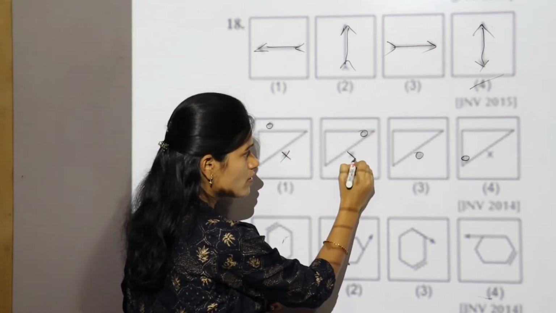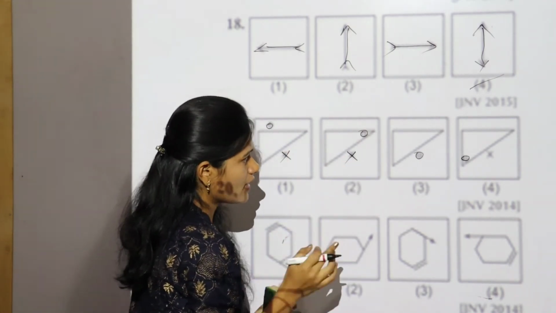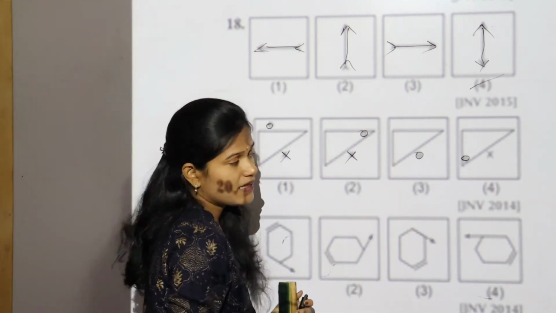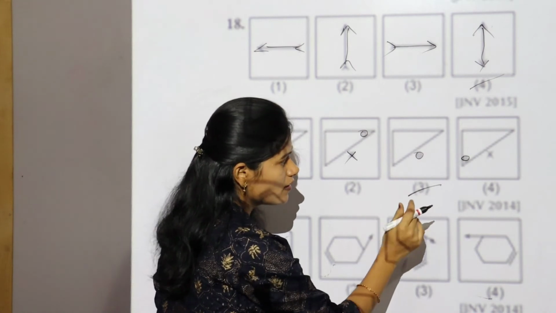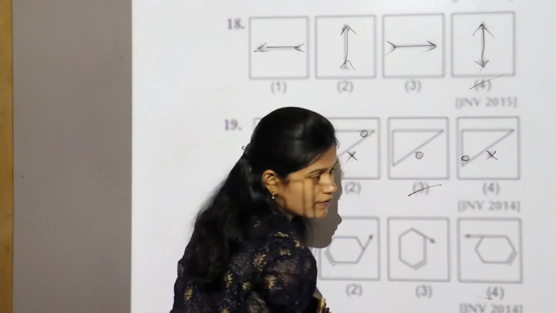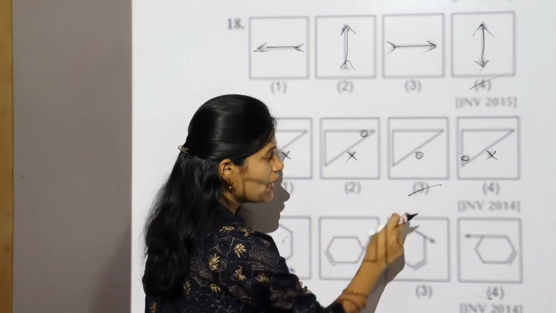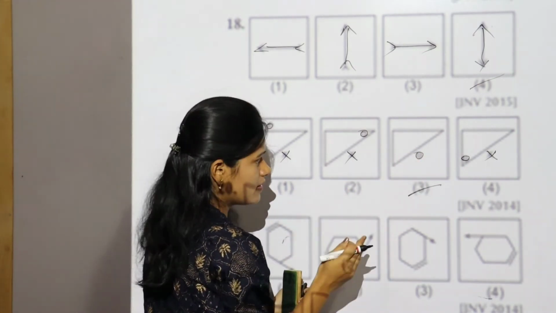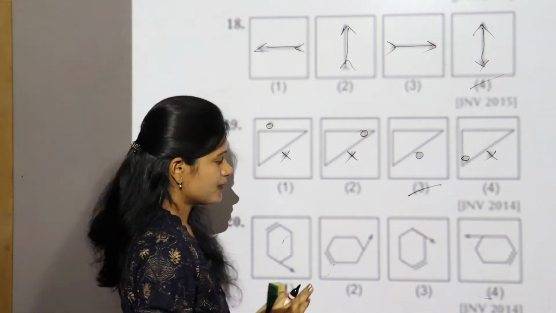In the second box also present outside the triangle. But in the third, there is no cross cut, which is absent here. In the fourth also it is present outside. So only in the third, the x is absent. So the answer is the third.